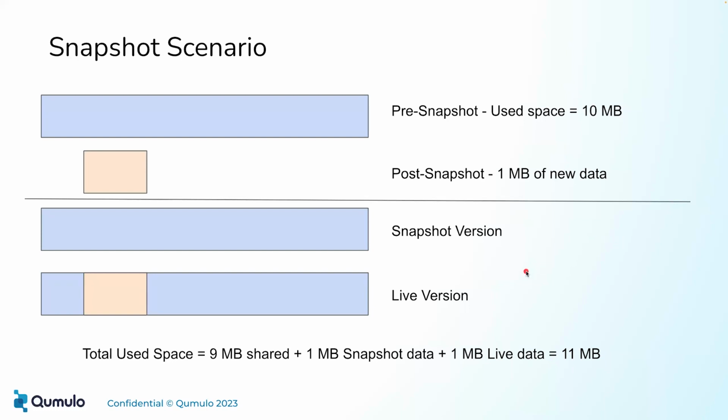So this vaguely confusing graph we got on the screen here kind of explains the concept behind how much data gets used by a snapshot. So what we have in blue here is a file. So we have a 10 meg file. This is the entire byte range that is consumed by that particular file.